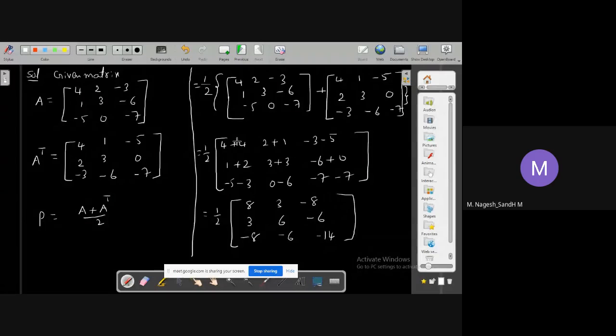So I'll try to multiply this 1 by 2 inside. We'll come to the next page. So I'm trying to multiply that 1 by 2 inside: 8, 3, minus 8; 3, 6, minus 6; minus 8, minus 6, minus 14.